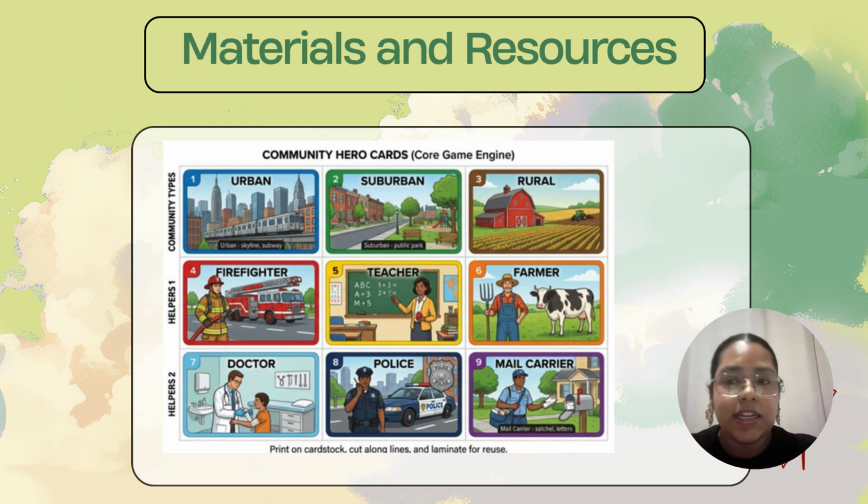This lesson plan entails using print-based materials because I believe it is easier for students to not only see the visual aids but to touch them, such as the community cards that were developed for this, and the helper cards as well, but also visual posters of the actual areas, the urban, suburban, and the rural, as well as many other helpers within the community. This might be just a short list, but it's just an idea of what it could be.